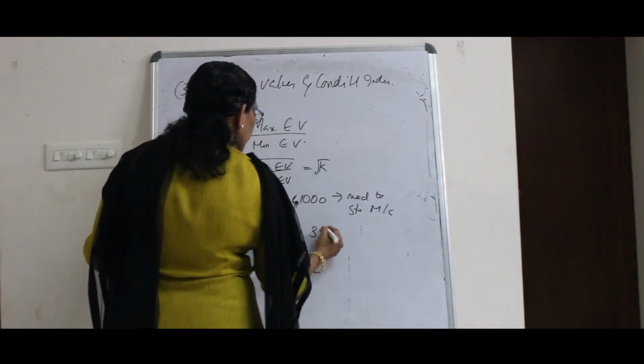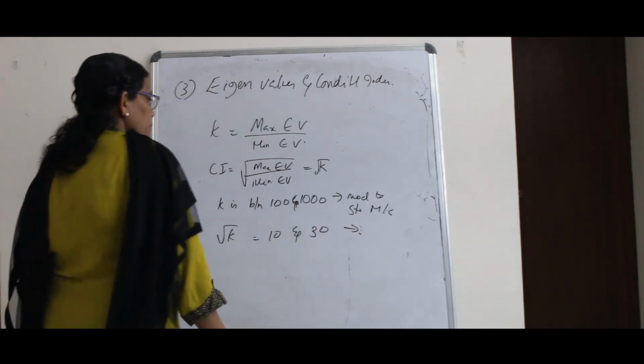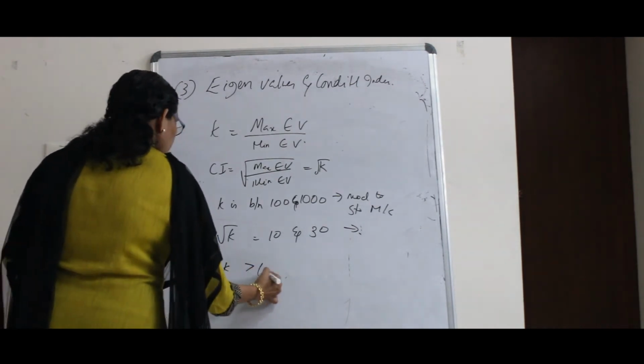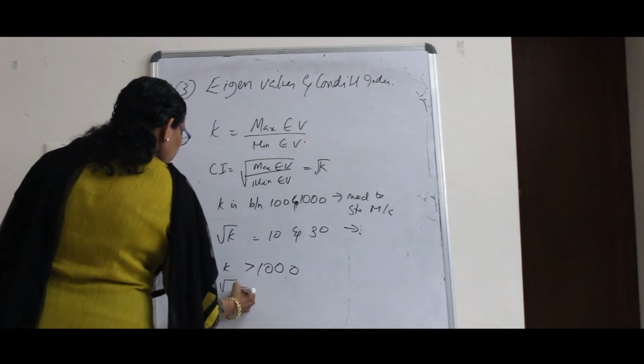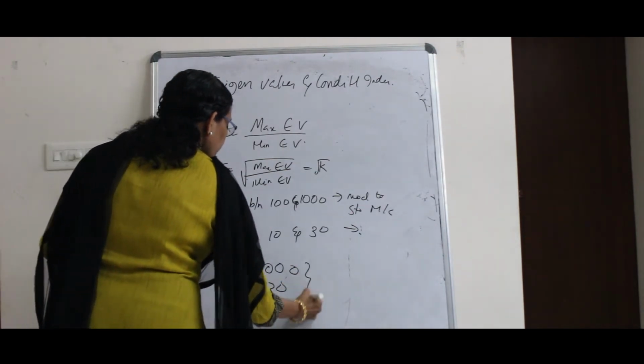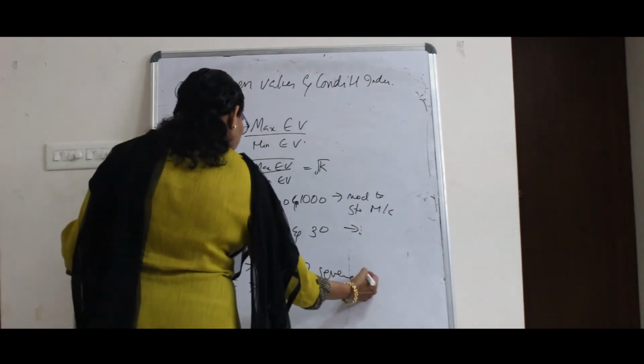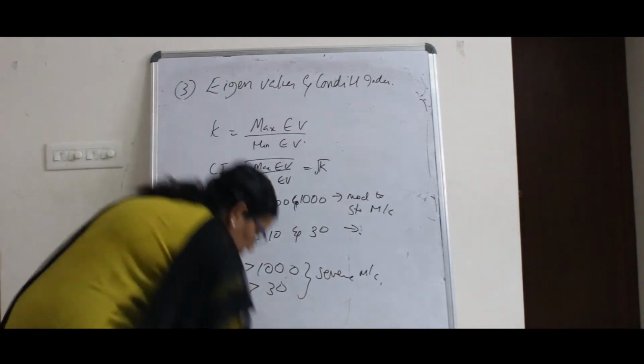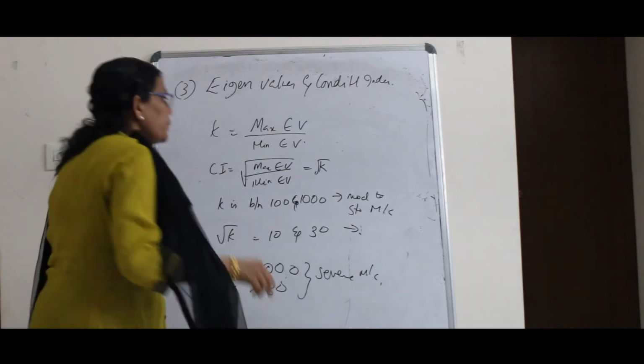Then we will say we have moderate to strong multicollinearity. If k is greater than 1000 or root k is greater than 30, we say there is severe multicollinearity. That is the third test, eigenvalues and conditional index.